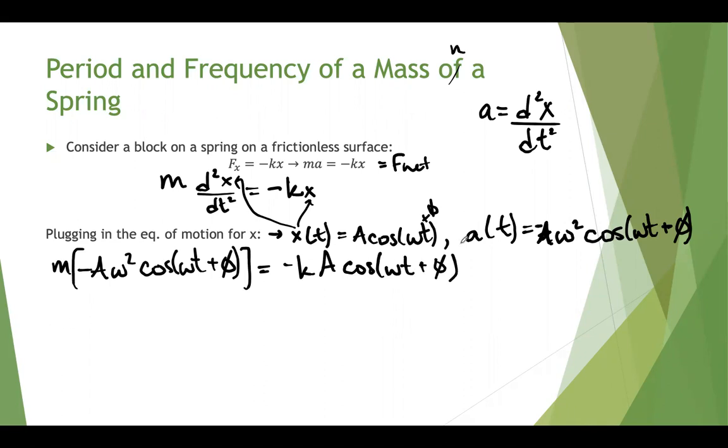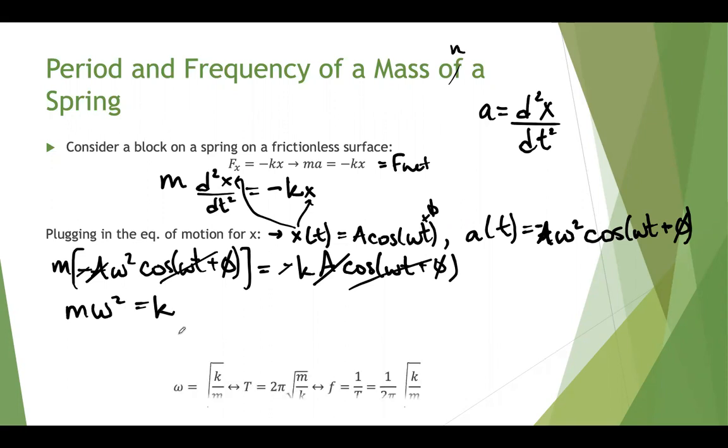Okay, now we can cross out the likes. So we've got this cosine term here and here. We also have A on both sides and a minus on both sides. So we have m omega squared is equal to k. Okay, now from this, we can find a few different relations like we have down here. Okay, so we can solve for omega.